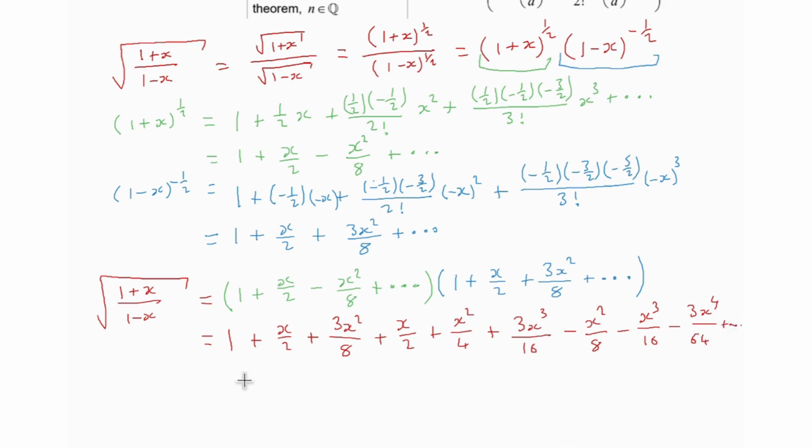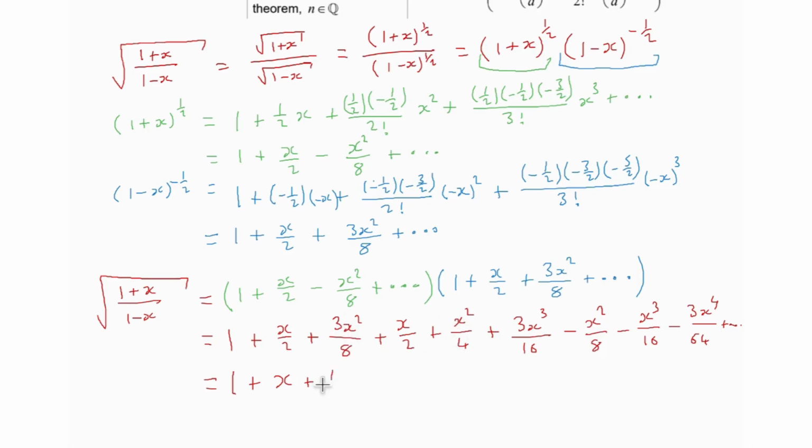Now we're only interested in the terms up to x squared, but let's simplify this. That's 1 plus x over 2 plus x over 2 is x. And then for the x squared, we've got 3x squared over 8 plus x squared over 4 minus x squared over 8. So that's 3 over 8 minus 1 over 8 is 2 over 8, which is a quarter. And then a quarter plus another quarter is a half.